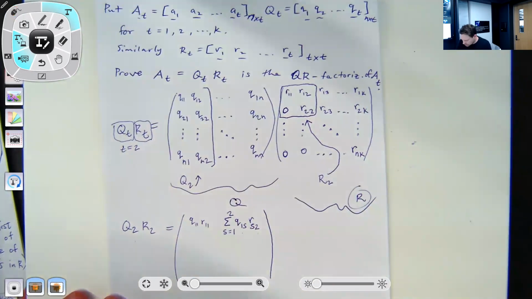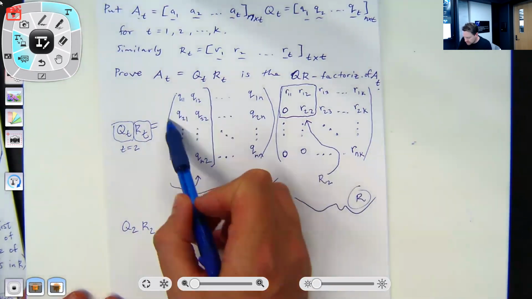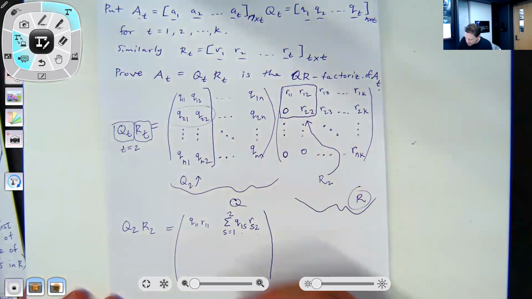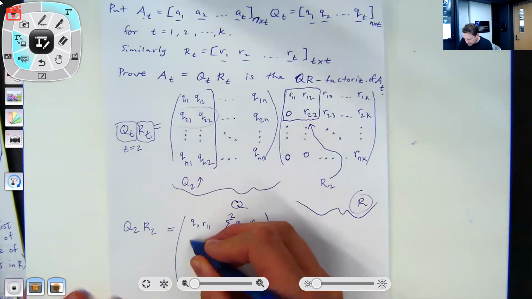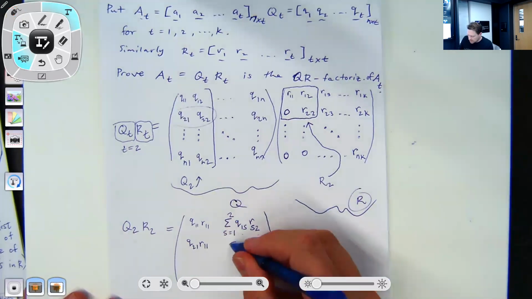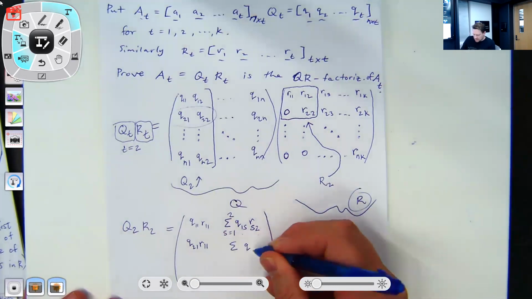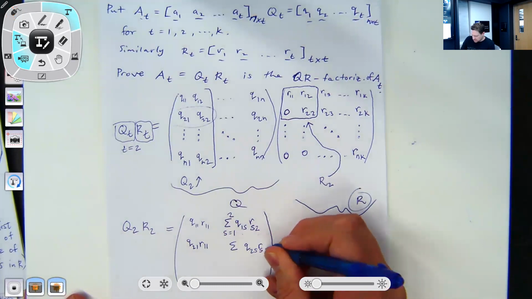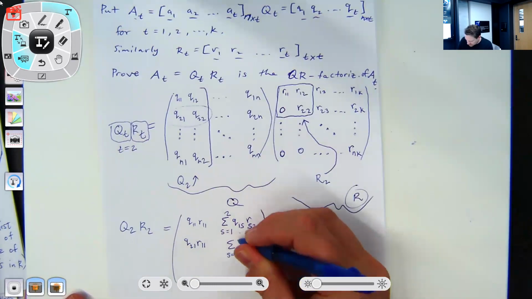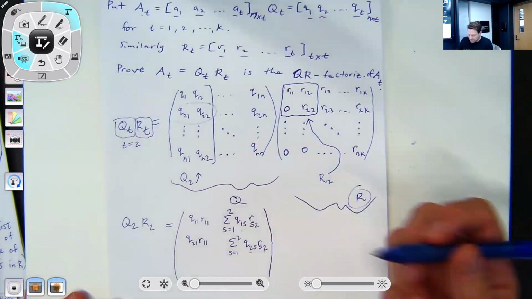Next we take this and multiply it by the first column, and we end up with Q21 R11. And here we have a sum, Q2S R S2, where the 2,2 is the 2,2 entry of this matrix, summing from S equals 1 to 2. Then there's a dot, dot, dot.